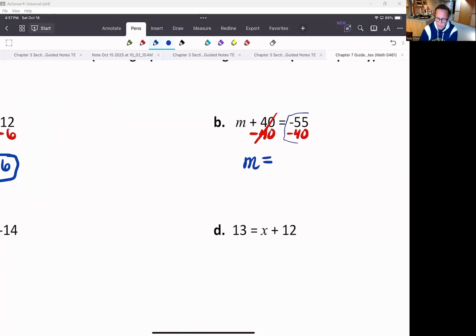On the right side, notice we have -55 and -40. Those are both negative, meaning we're going to add those. I know we're subtracting 40 from both sides, but we're really going to add their absolute values and keep the signs. So -55 and -40 makes -95. All right, and that one's done.